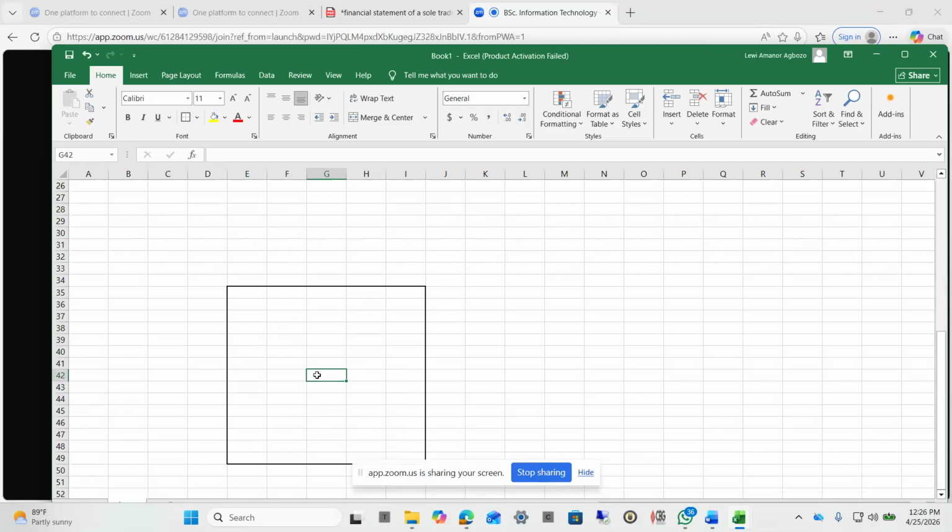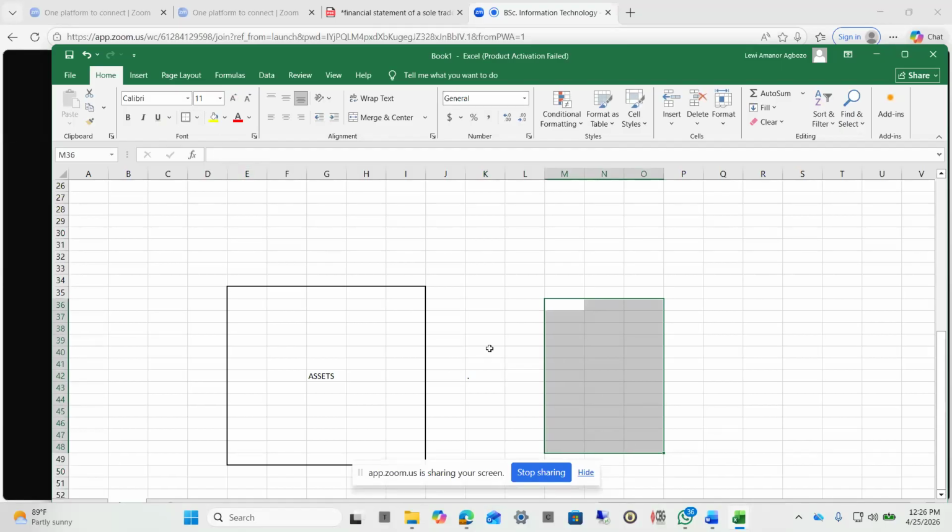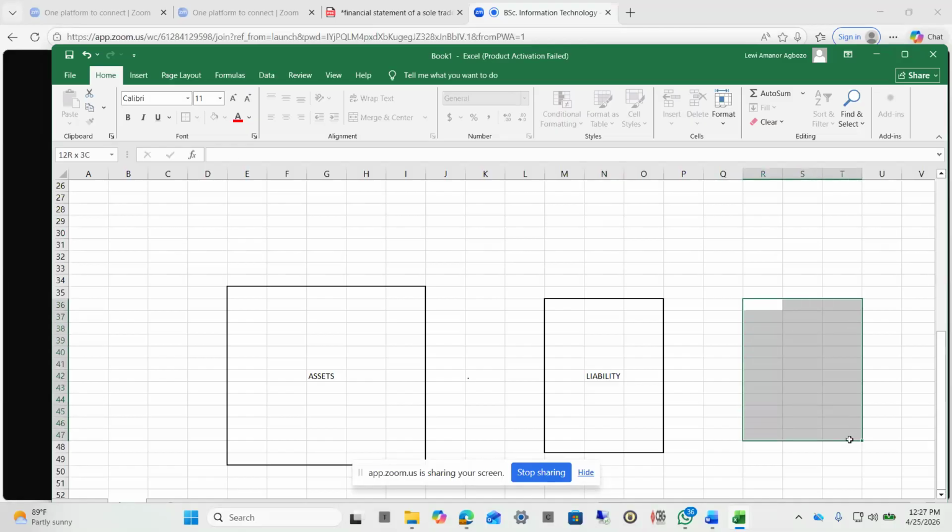If this is assets, then it should be equal to, let's say this is your liability, and this is your capital or equity.